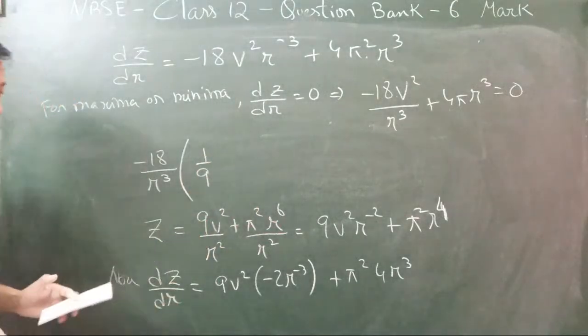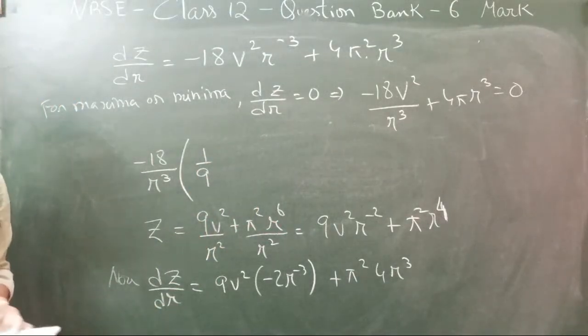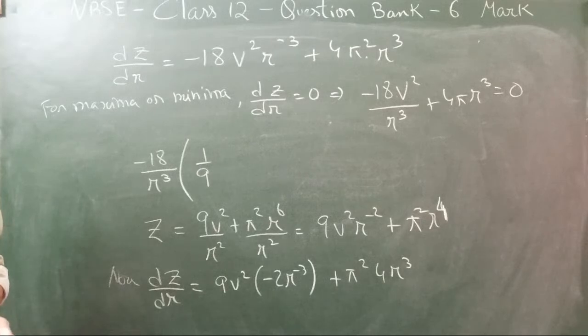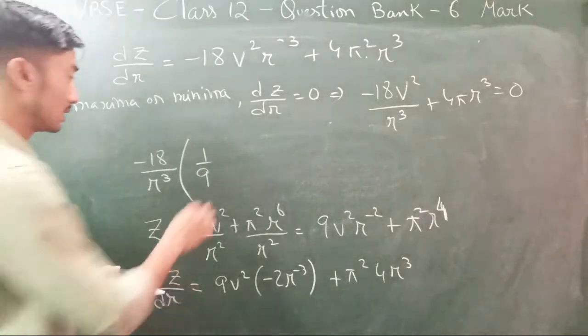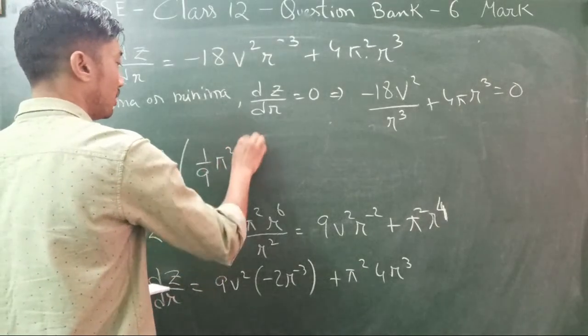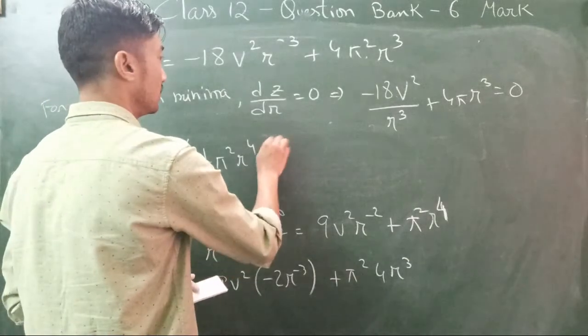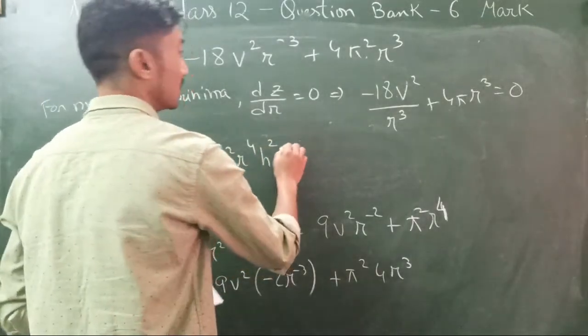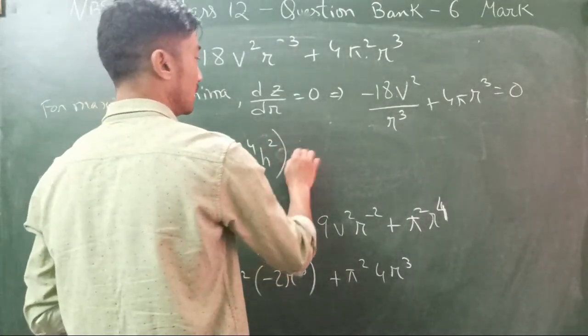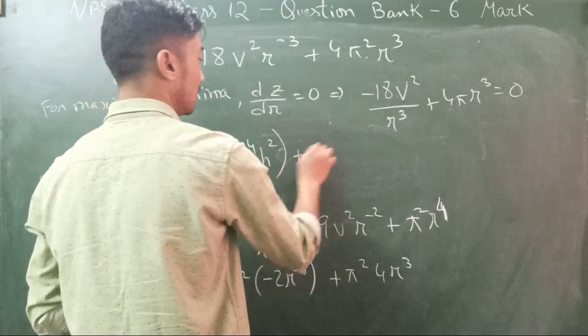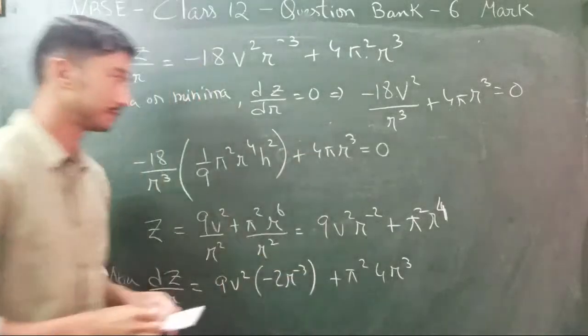That was 1 by 9, if I'm not mistaken, 1 by 9 pi square r power 4 h square, plus 4 pi r cube is equal to 0.